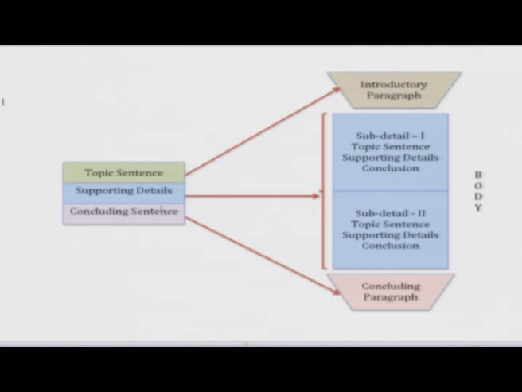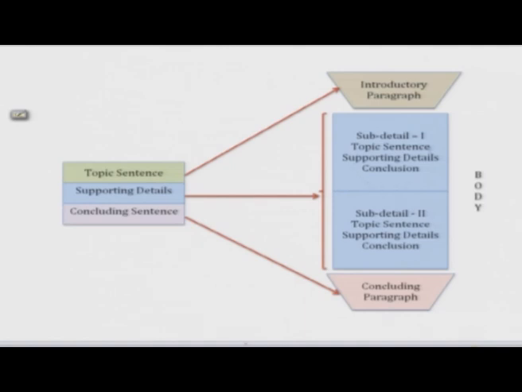Now, if you expand it to a full length text, the topic sentence sometimes may take the form of an introductory paragraph. So, what exactly happens in an introductory paragraph? We are going to see it very soon. Supporting details get expanded into several paragraphs in the body of the essay. So, you have one subdetail that becomes one paragraph, the second subdetail becomes a second paragraph.